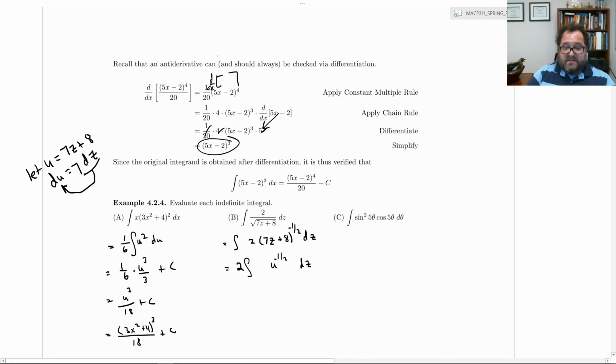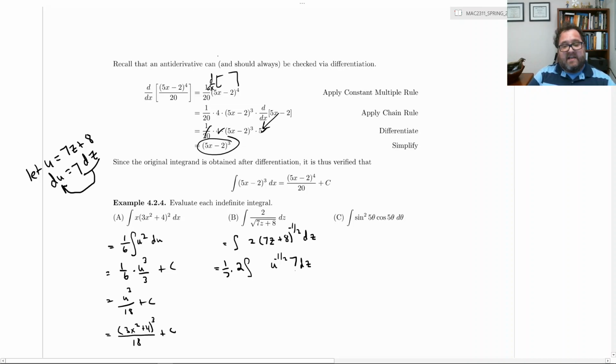Okay, so if I need a 7 right there, well, that's just a constant. So what if I multiply by 7 over 7? But then, okay, well, if I pull in this 7 on the numerator and put it right there, that'll leave a 1/7 out front.